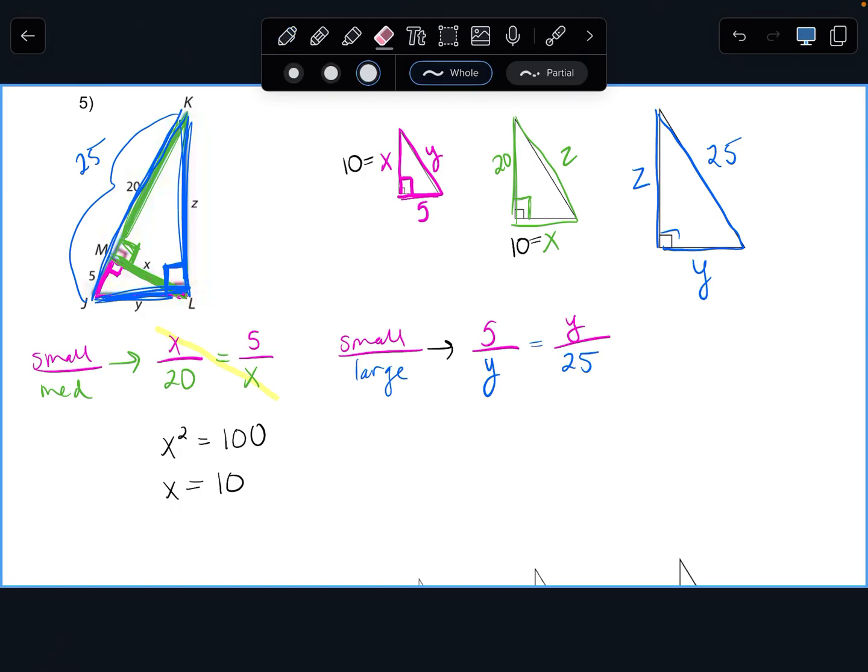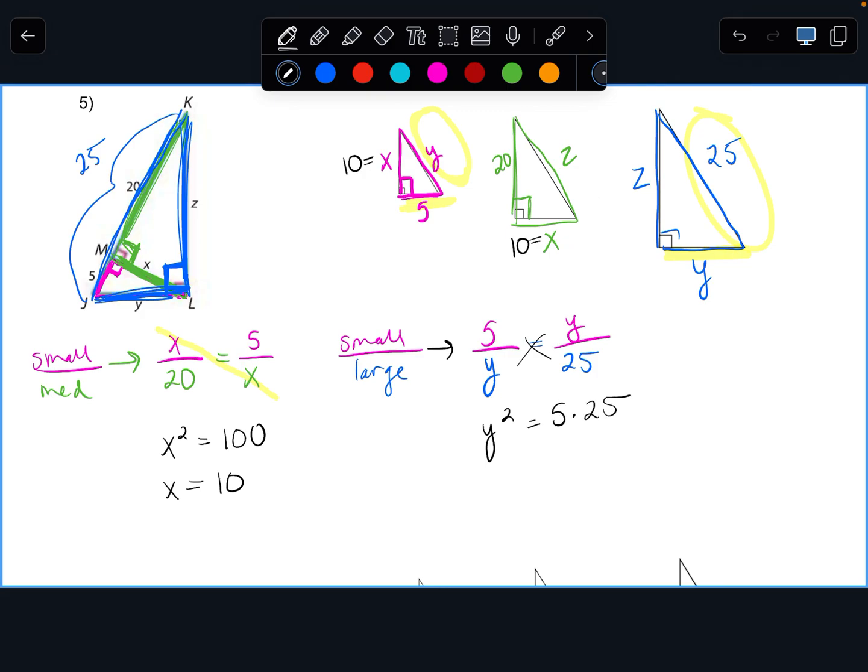So I did like here, I did 5 and y, and then hypotenuse, hypotenuse. And I know I did it right because the y's are on the diagonal, the same thing on the diagonal. So now I can just cross multiply and solve it.